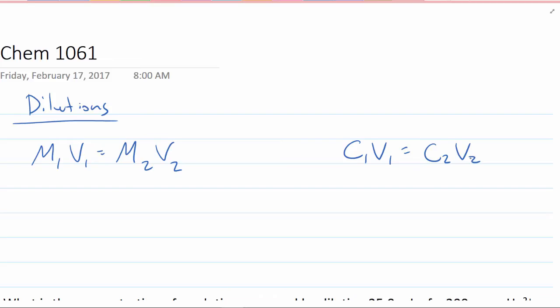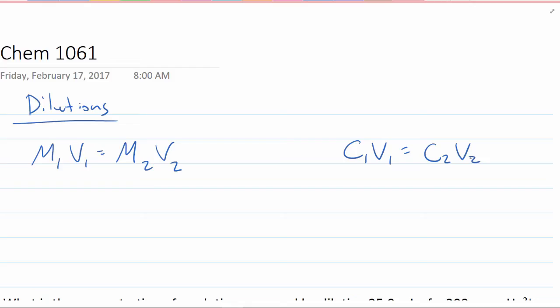Now when you work with the dilution formula, the big key is that you need to keep in mind that the volumes must be in the same units and the concentrations must be in the same units. And if you're using this one over here, this has to be a solution-based concentration. In other words, one where it talks about the mass of solute or amount of solute per amount of solution. Not per amount of solvent, but per amount of solution.